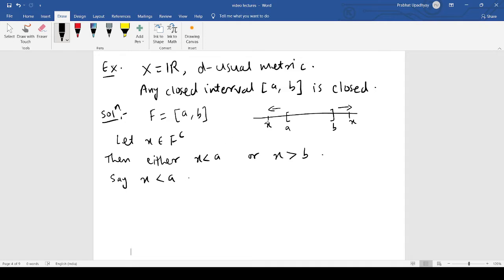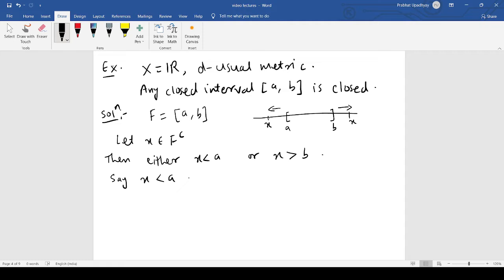If x is less than a, I want to find an r such that the open ball centered at x of radius r totally lies inside F complement. That means it does not intersect my closed interval [a, b]. So what I can do, I can take the distance between x and a as my radius r.